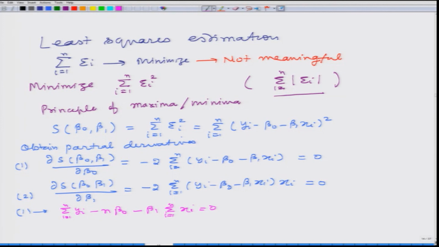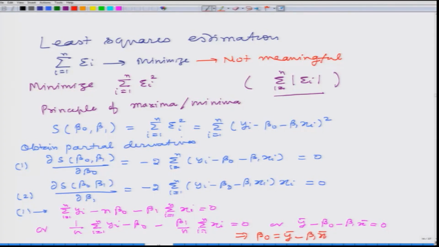Or I can write this as y bar minus beta 0 minus beta 1 x bar equal to 0. Solving this, beta 0 is equal to y bar minus beta 1 x bar.